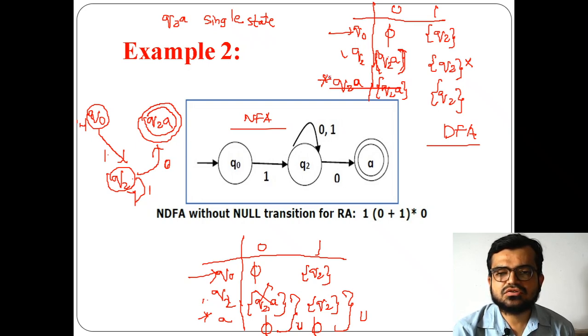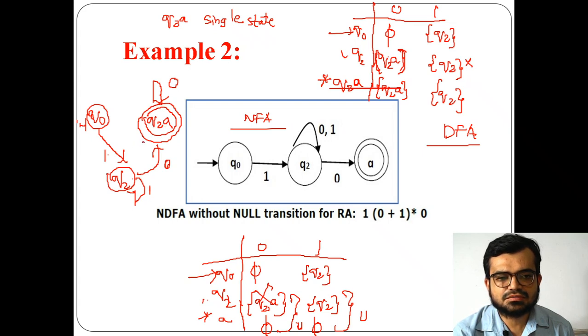And what is going to happen? Q2A is the final state. In Q2A, 0 means it is repeating to itself, so here it is 0, and when it is 1, it is going to Q2. That means here you have to take it in this way.